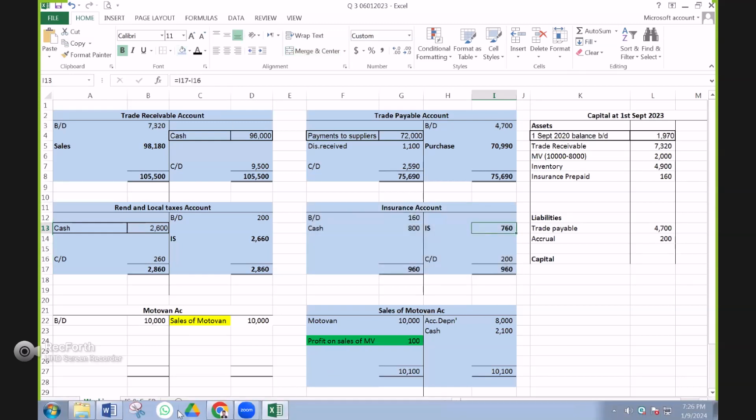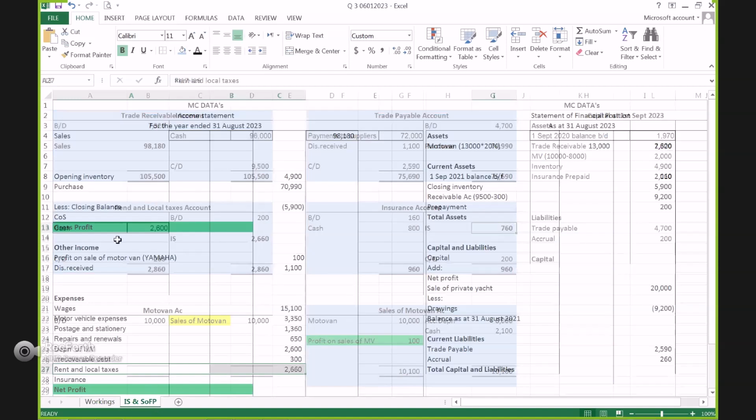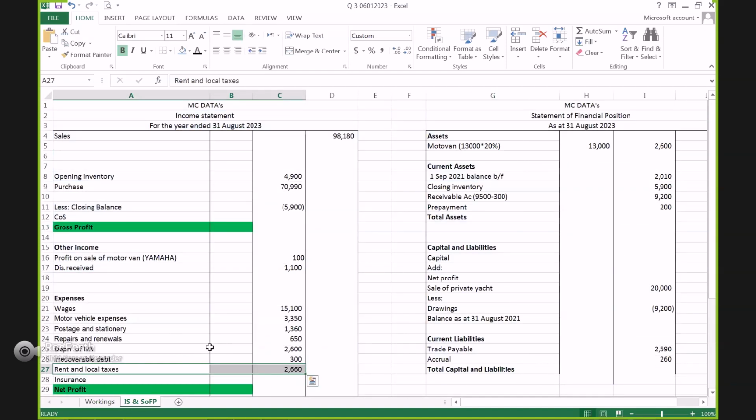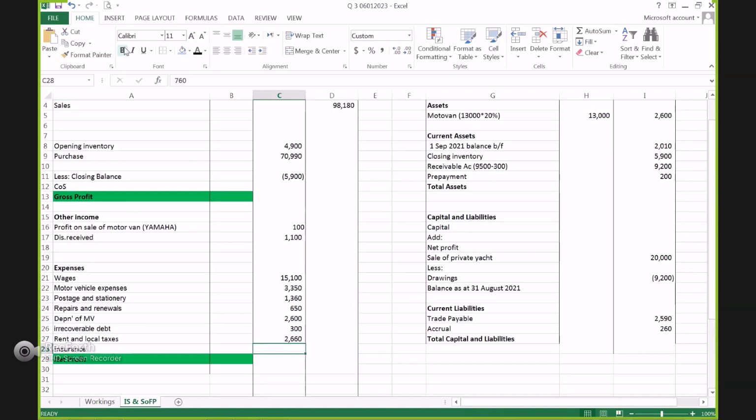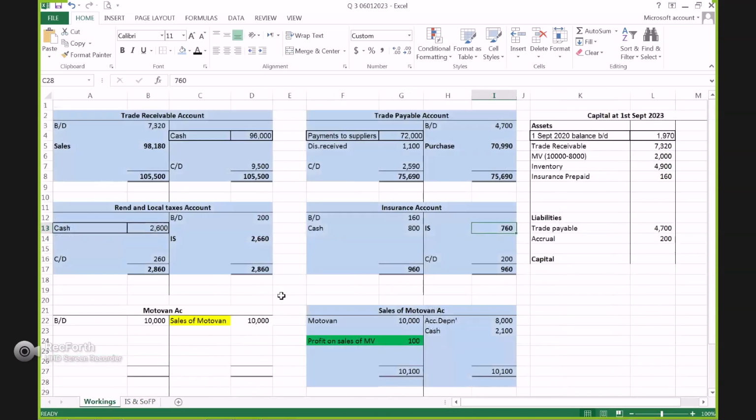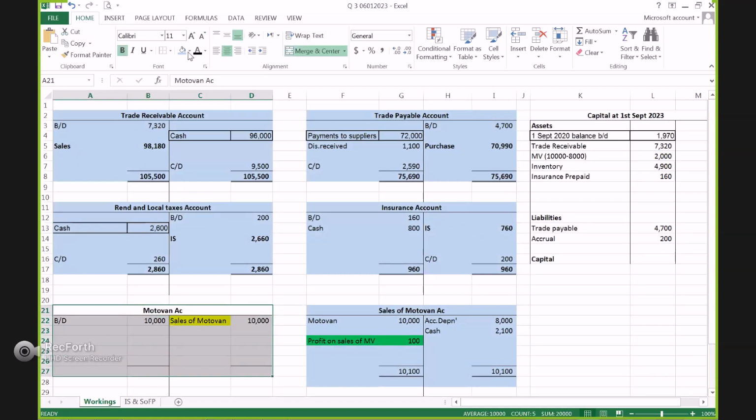So insurance is transferred to the income statement, insurance 760, as an expense. Then other things are done. Motor van is also done. So the motor van account is balanced.